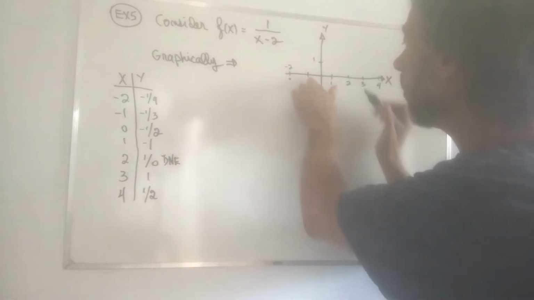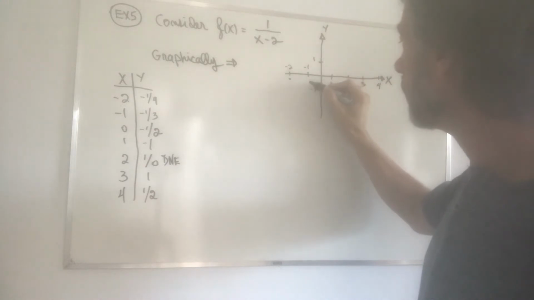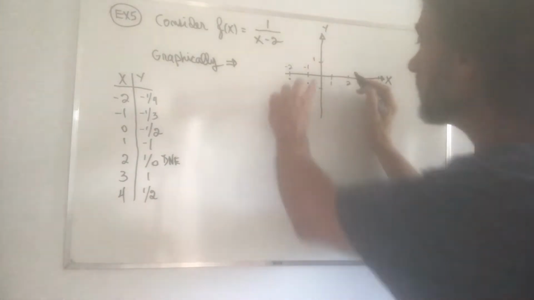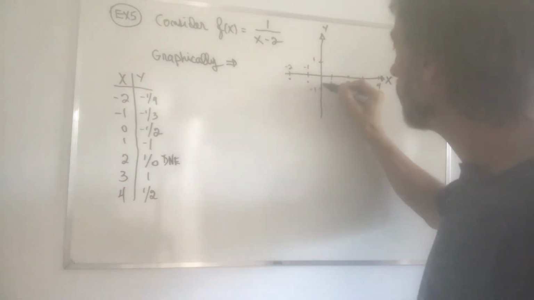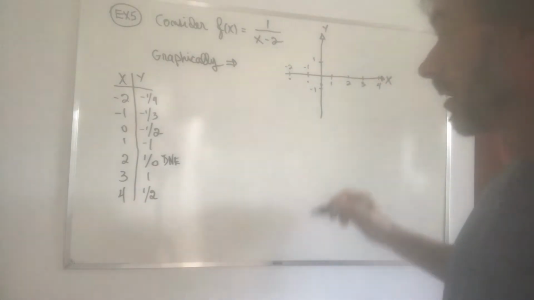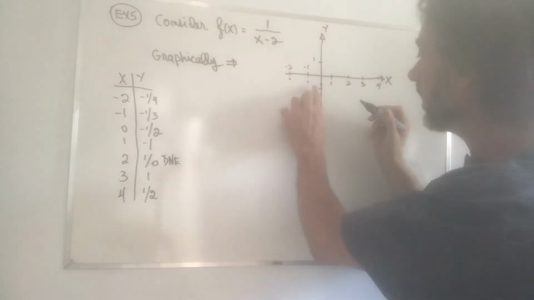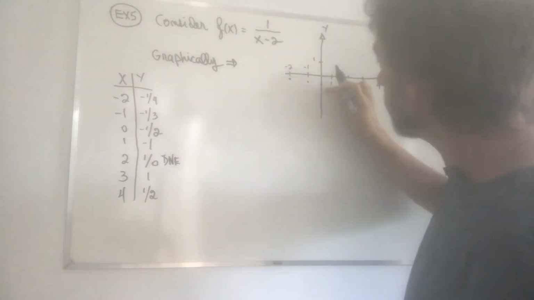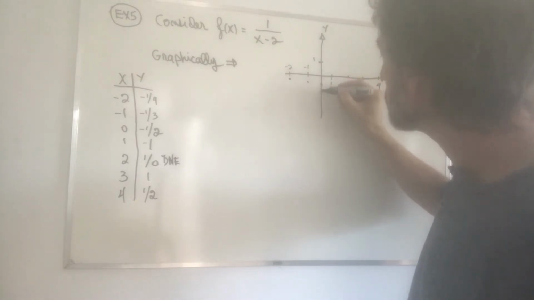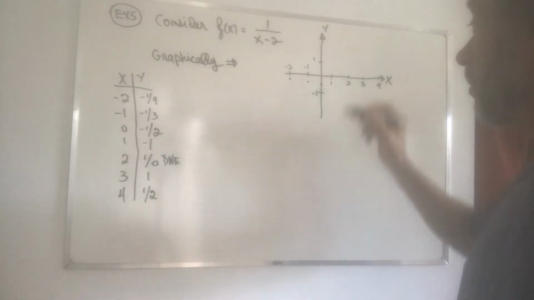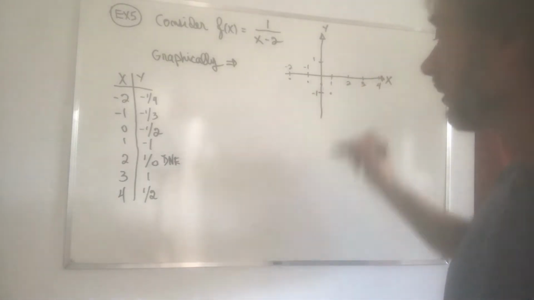And -1, -1/3, a little lower. At 0, -1/2, that's still a little too high. So I can bring this down a little bit for the sake of having a better scale. So let's have -1 here. What else? At 1, -1 would be here.